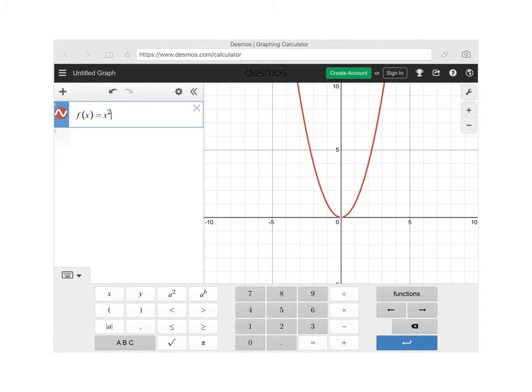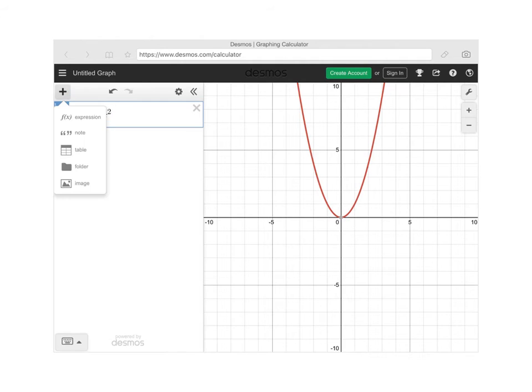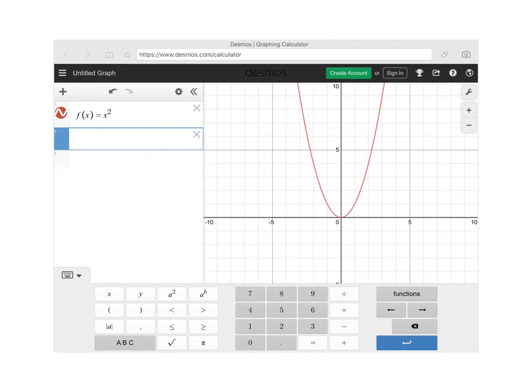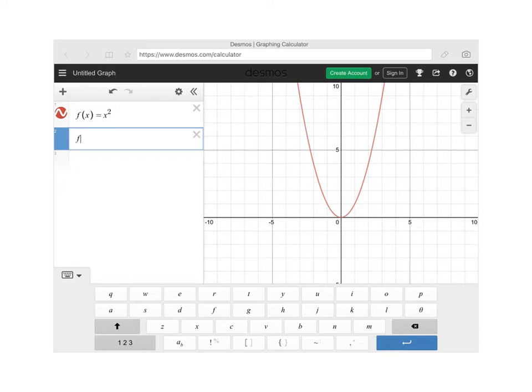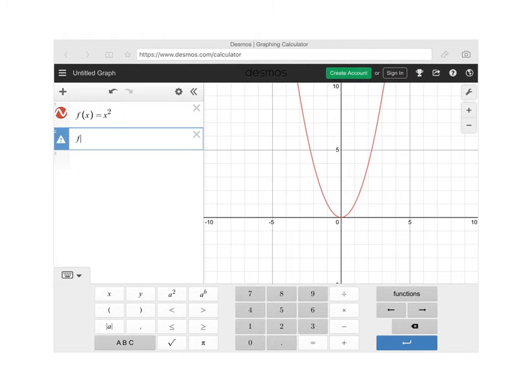Yours will already be in there. Then I'm going to add another expression, and this time I'm going to take my function and add 2 to the input. Think about what you think is going to happen. Oh, it shows you already. Did what happened happen like you thought?